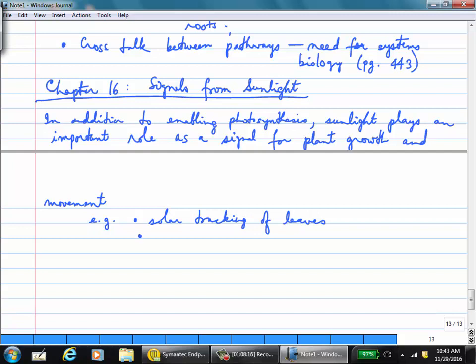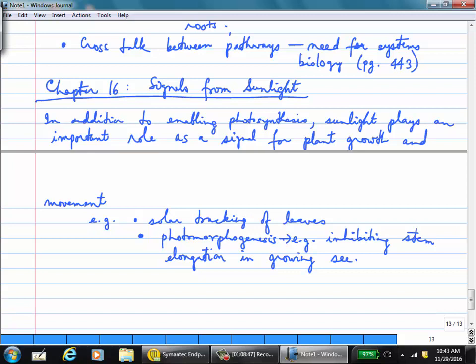Then photomorphogenesis. That means changing form in response to sunlight. And examples of this are inhibiting stem elongation in growing seedlings.